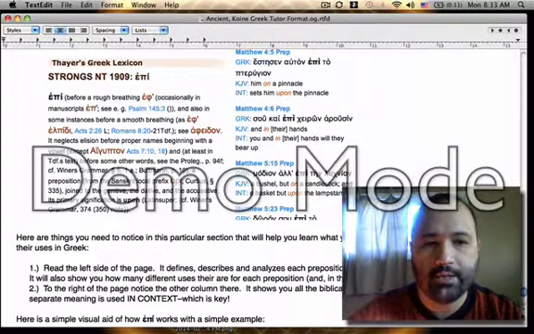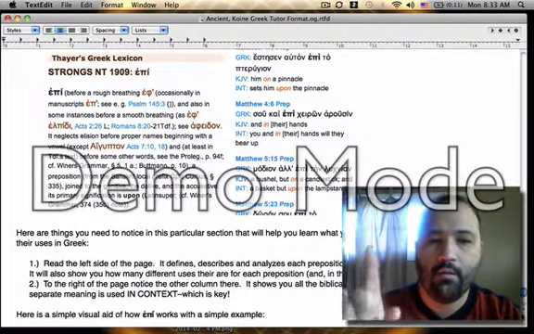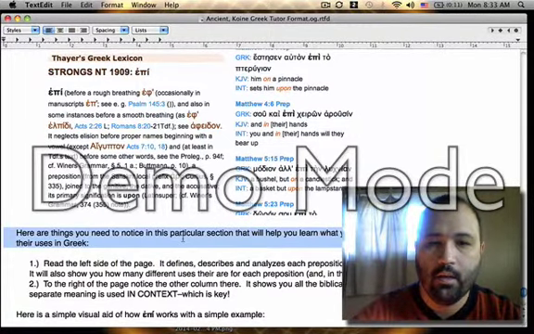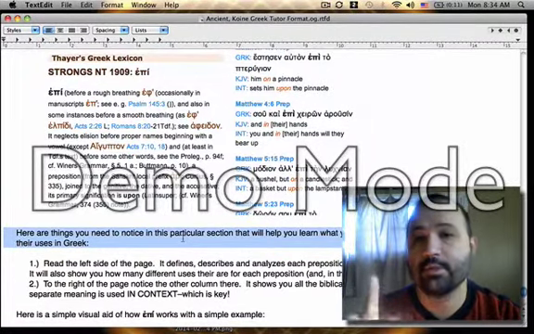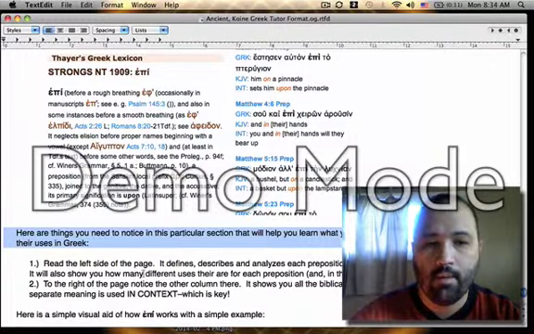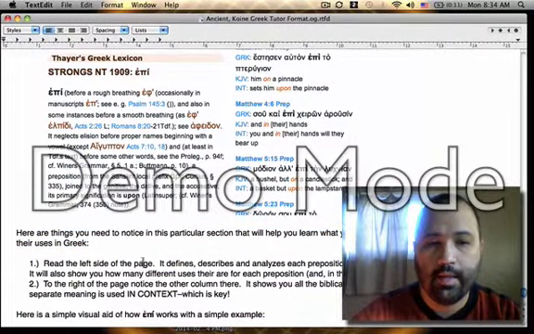Here's epi's section. Now here are things you need to notice in this particular section, which will help you learn what you need to learn regarding prepositions and their uses in Greek. Number one, read the left side of the page. Here it is right here.